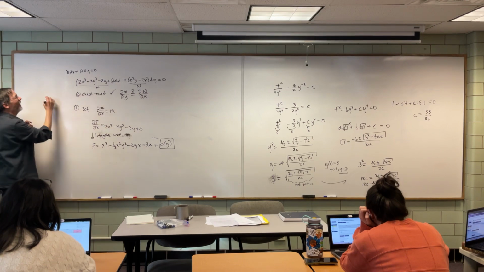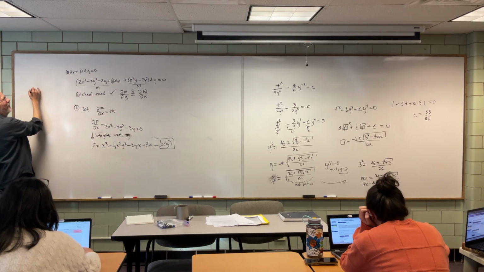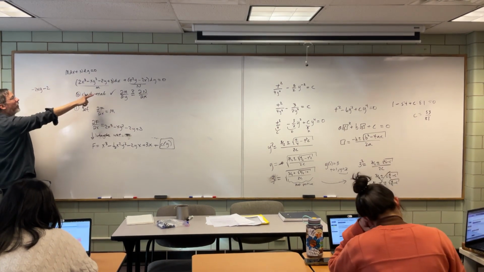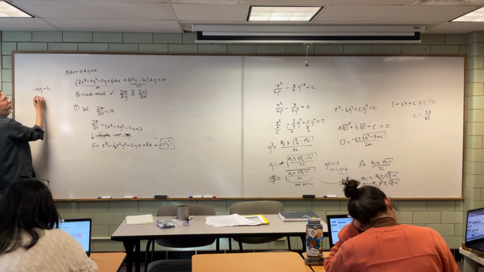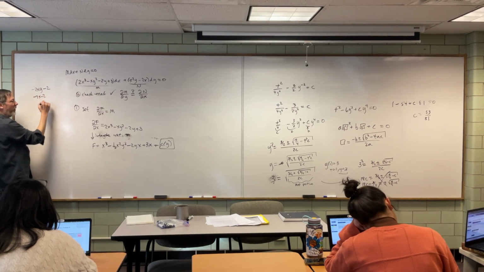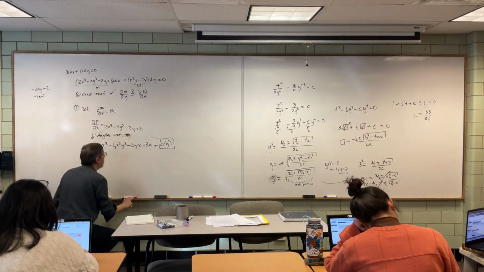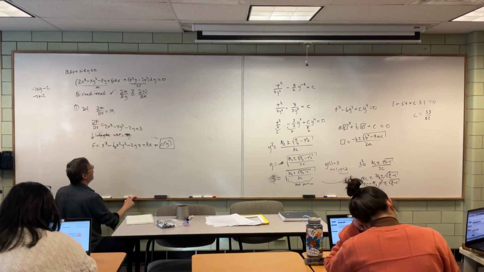I'm just spouting all that stuff off. The partial of M with respect to y is negative 2xy minus 2. The partial of that, oh, we're okay. The partial of N with respect to x is negative 2xy minus 2. Okay, cool. All right, we're exact. I just got scared. So I guess I'll just keep doing it.